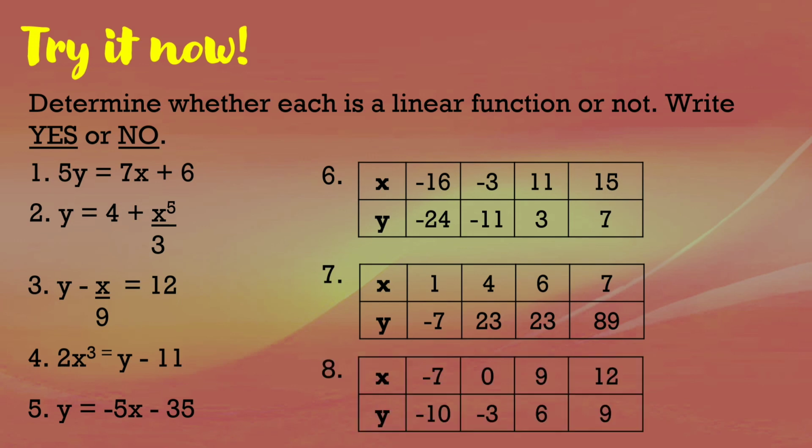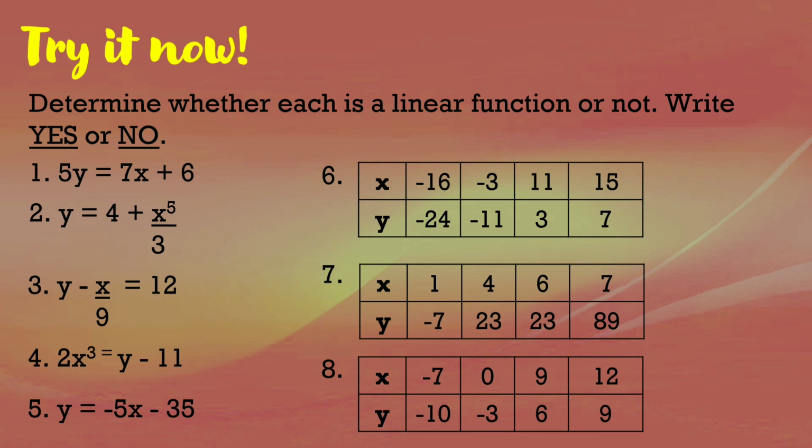Alam nyo naman, kapag equation ang ating given, alam nyo kung paano masasabi kung siya ay linear function or hindi, diba? Dapat naka-form siya as f of x equals mx plus b. Kapag table of values naman, kailangan yung first differences ng ating x at first differences ng ating y ay equal.